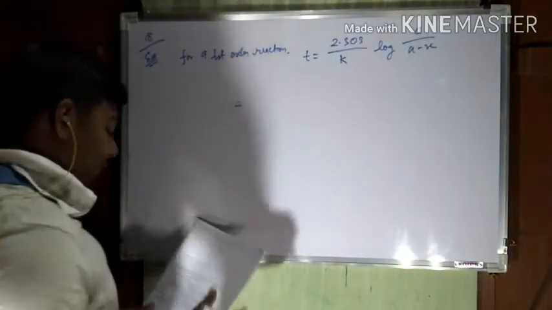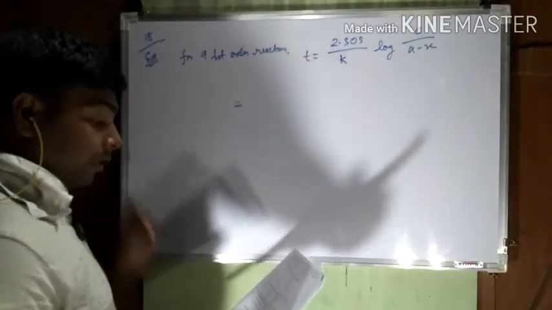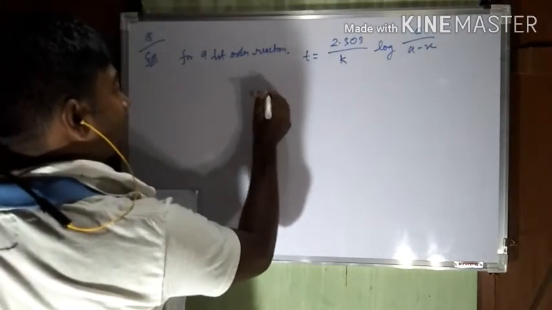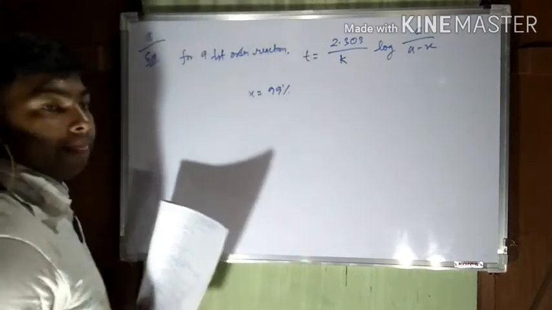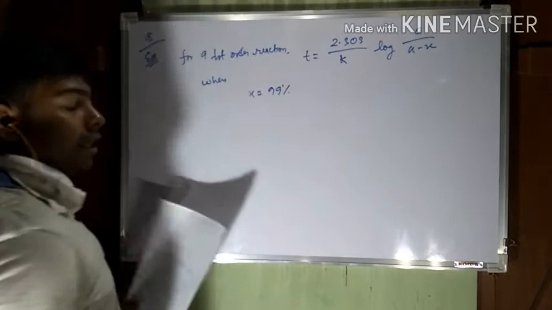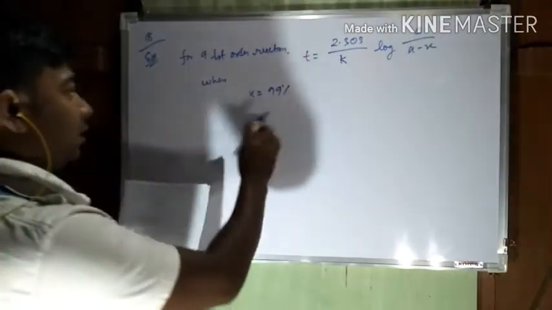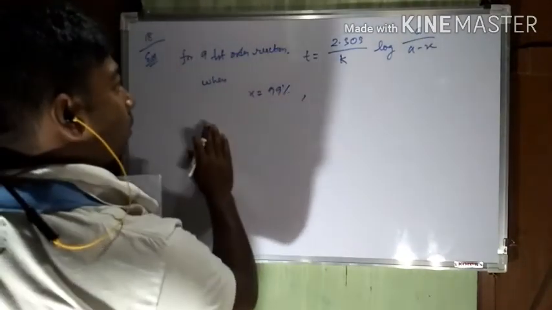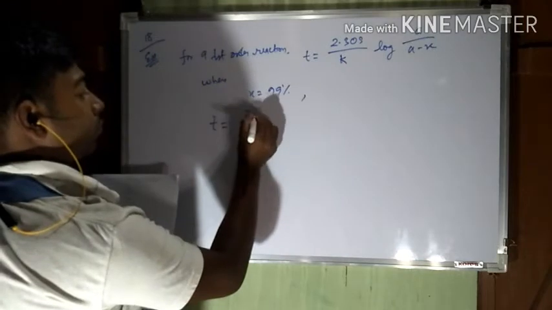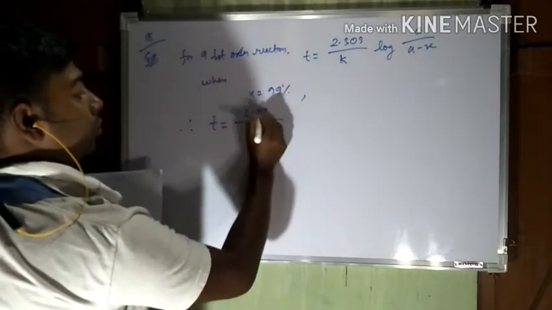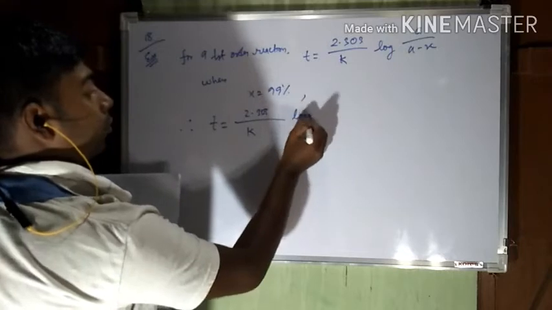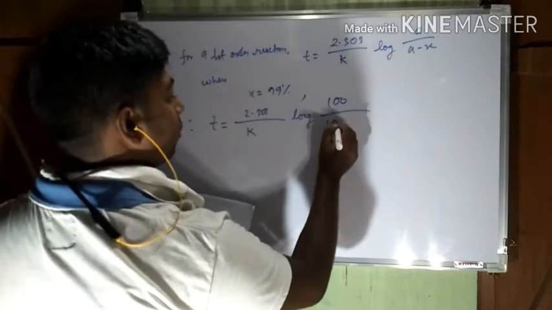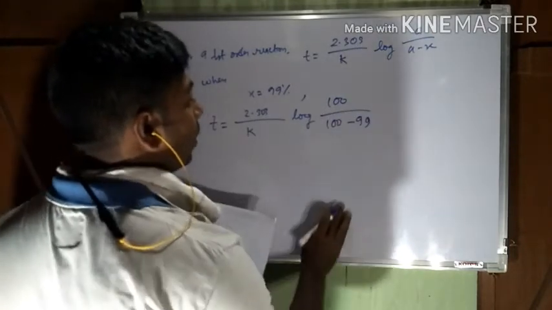Now, it is given that 99% completion means x is 99%. When the reaction is completed by 99%, x is 99%. Therefore t equals 2.303 by K log of a, and a means 100%, divided by 100% minus 99%.